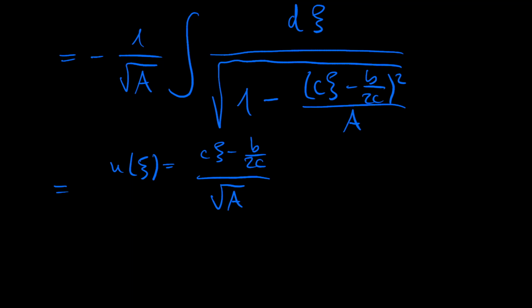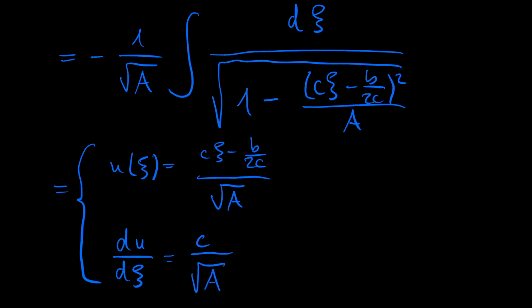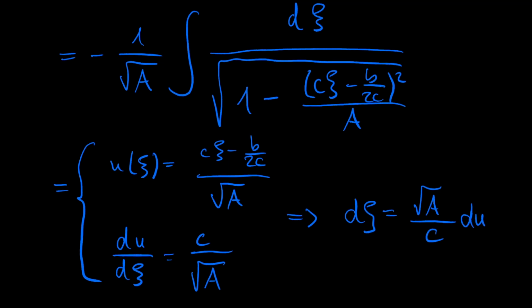Then we will get that the derivative of u with respect to psi is just c divided by the square root of a. And this means that d psi is equal to the square root of a divided by c times du. And that's what we're plugging into the integral.